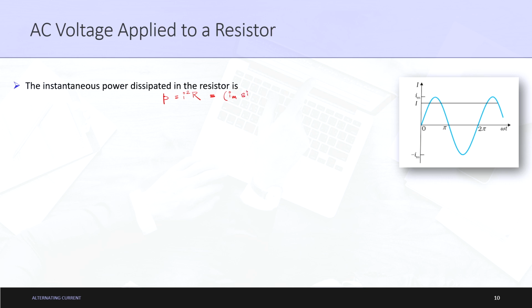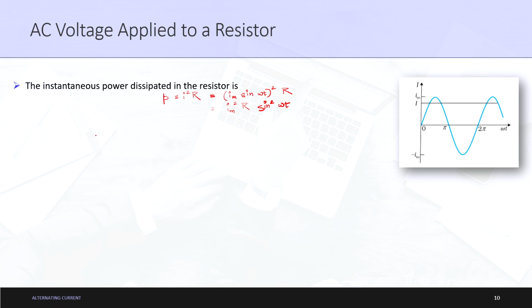It is Im sin omega t whole square R, which gives Im square R sin square omega t. So this is the instantaneous power dissipated in the circuit, that is P is equal to Im square R sin square omega t.